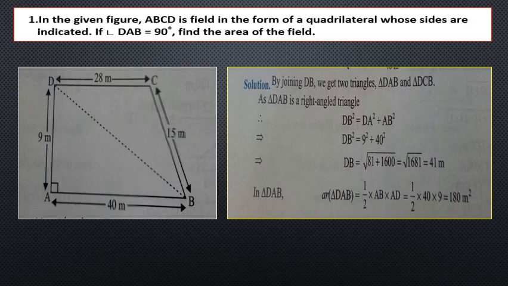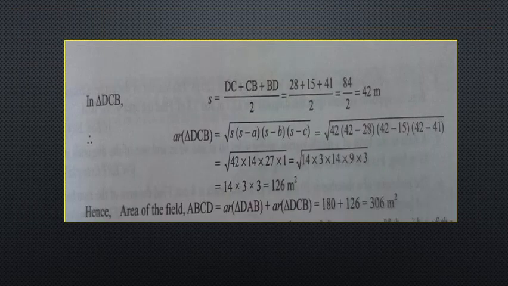DC is 28 meters, BC is 15 meters and BD is 41 meters. Now we can find the area of triangle DBC or DCB by using Heron's formula.